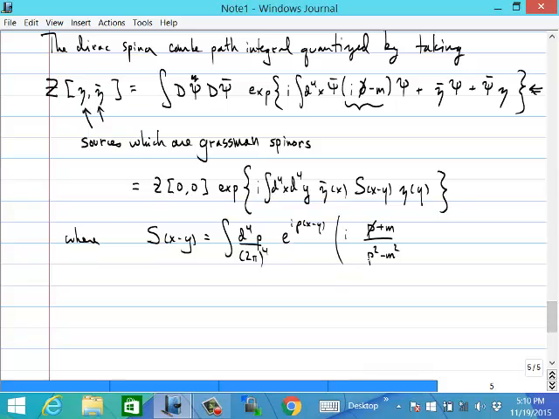Or we could rewrite this term more simply as i over p slash minus m. So here this S is the inverse of the Dirac operator, i d slash minus m. Inverse in the sense of a Green's function.